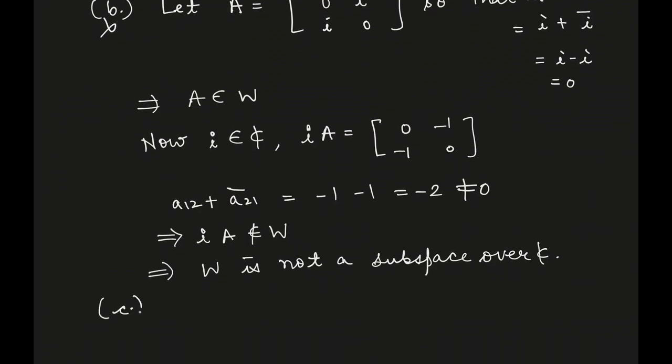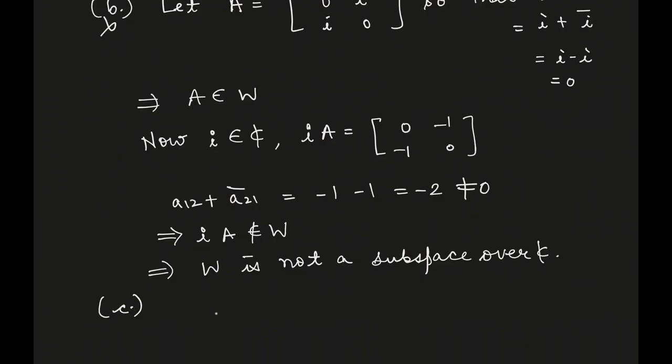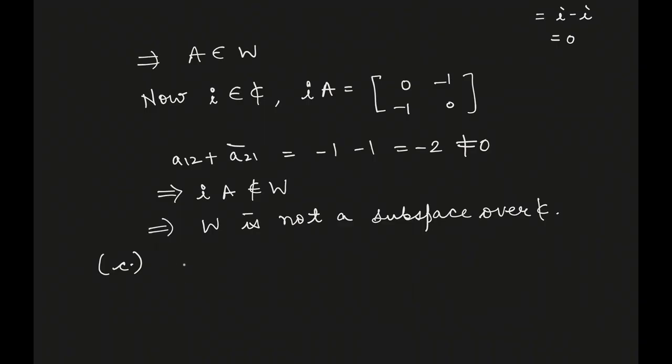C part was V is a vector space over R. It can be similarly checked. In A part, I have proved that alpha A plus beta B belongs to V for all alpha, beta belonging to complex numbers.